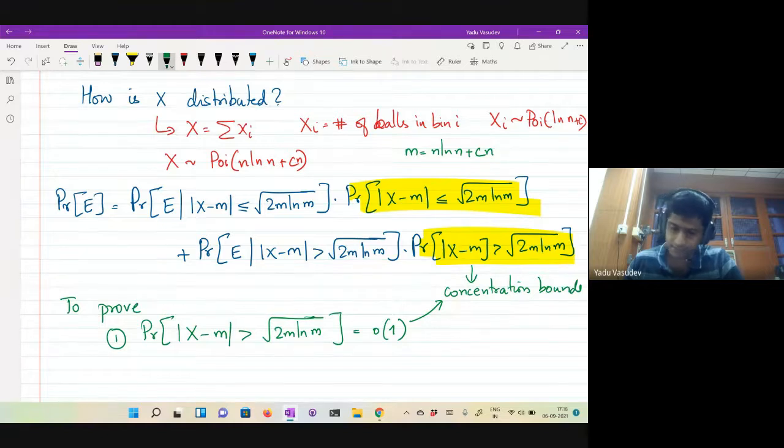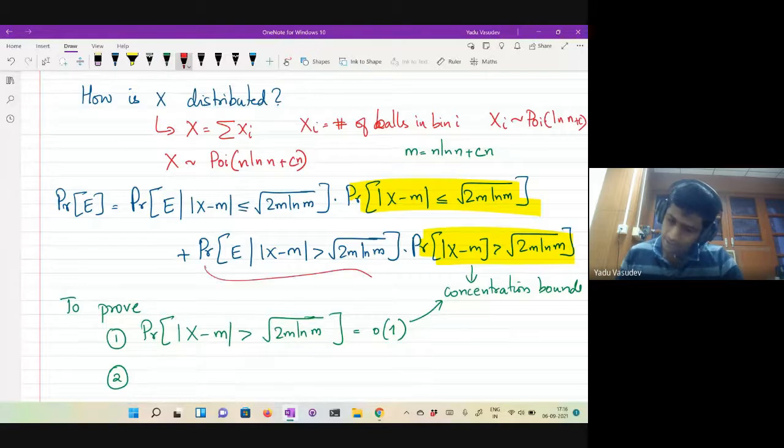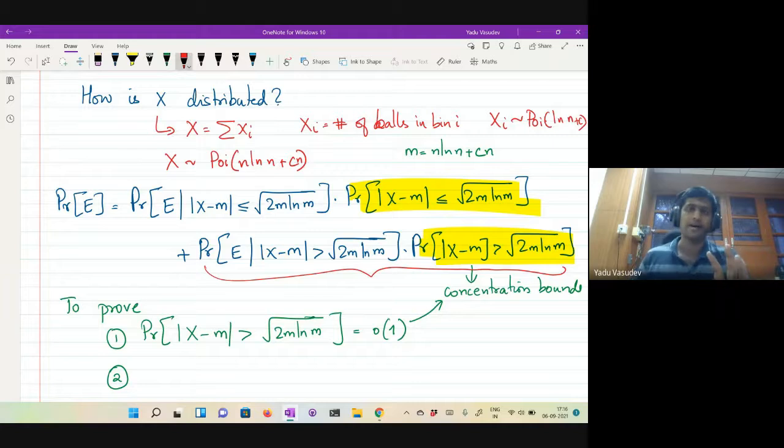This is the first thing that we will show. That takes care of this part, right? For this term, that tells you that this term is very tiny, just little o of 1, because X minus M is a very small quantity and this term is basically negligible.